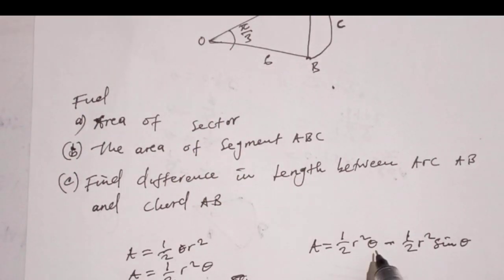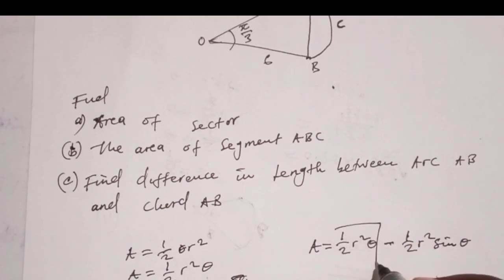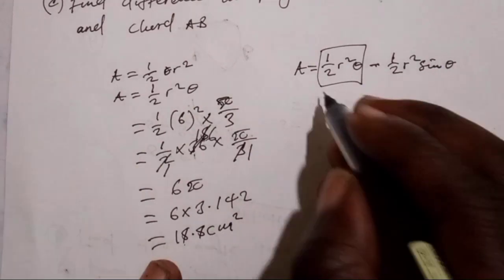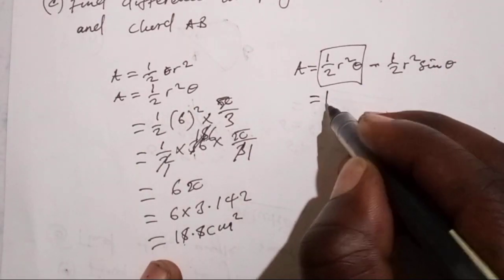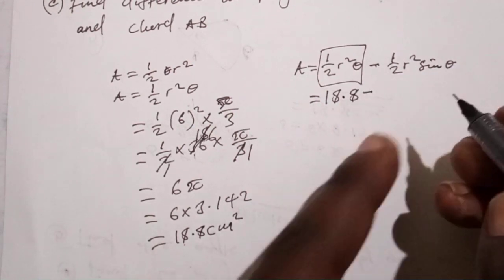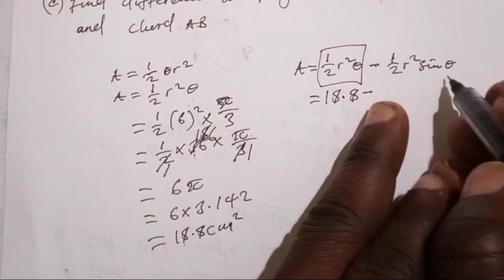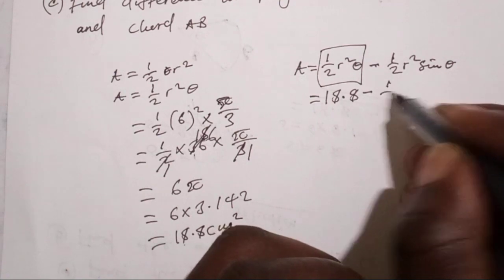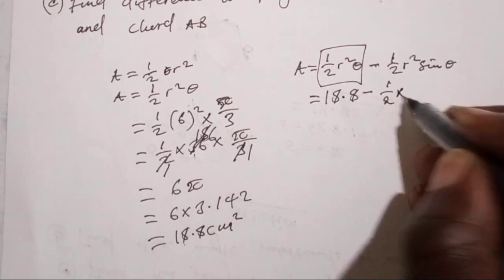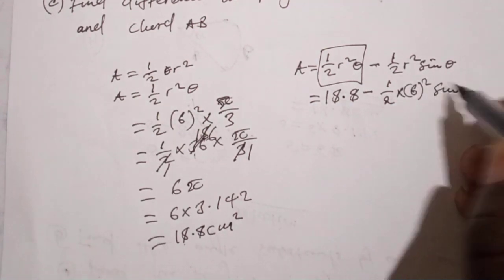And where there is theta, if you can see this thing here, we have already found it. It is 18.8. So minus, let's simplify what is here, which is 1 over 2 multiplied by 6 squared, then sine.